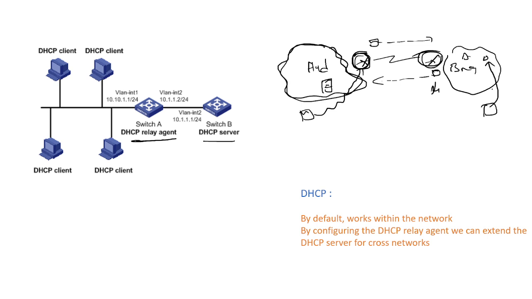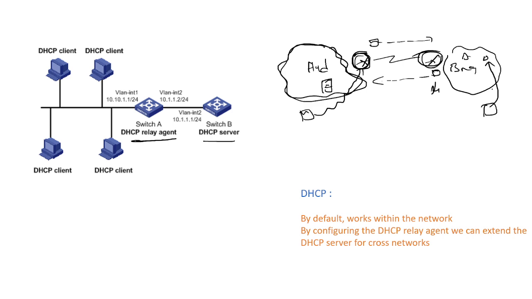Basically, if you want to leverage one DHCP server for multiple locations, then you can configure the DHCP relay agent, because it will help you transfer the broadcast packet to another network. Once the broadcast packet reaches another network, they start learning about the DHCP server and the DORA process starts: discover, offer, request and acknowledgement, and then the DHCP exchange will happen.